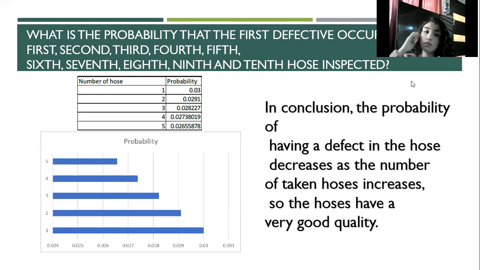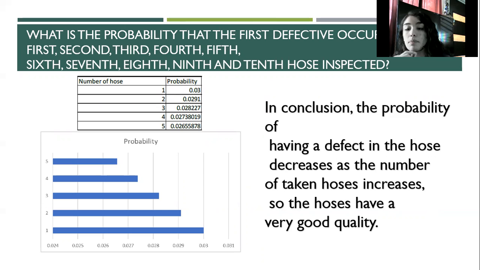What is the probability that the defect occurs in the first, second, third, fourth, fifth, sixth, seventh, eighth, ninth and 10th house expected? Instead of doing the calculation for each one, I did it in Excel, and you can see here the graphic.